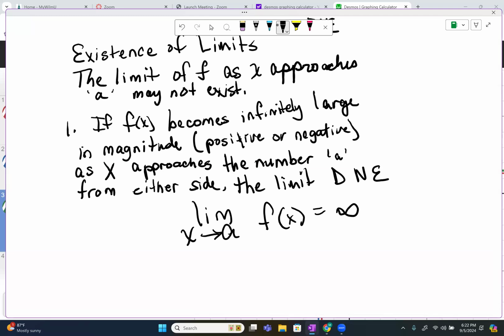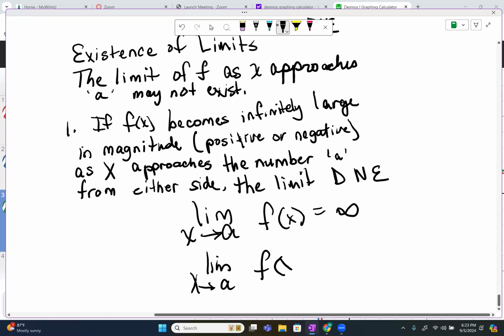You can also say the opposite, which is b, the limit as x approaches a for f of x is negative infinity, and it does not exist.